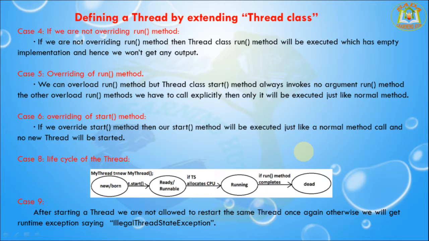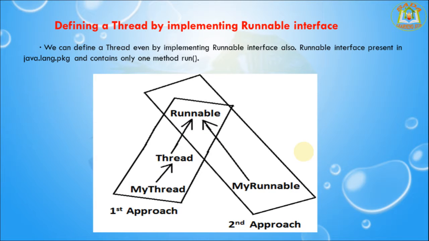Next, I'm going to discuss defining a thread by implementing the Runnable interface. We can instantiate a thread using two ways: one is extending and another one is implementing. This is the second method, defining a thread by implementing the Runnable interface. Runnable interface is present in the java.lang package and contains only one method, the run method.